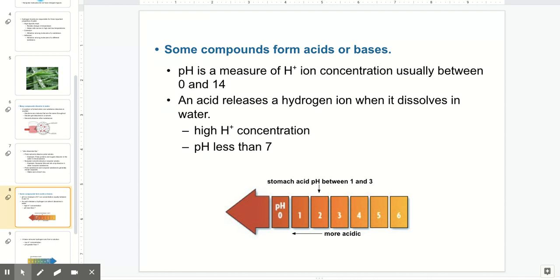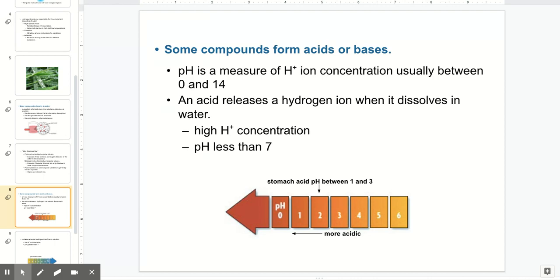The pH scale is a numerical scale that gives a relative number to the concentration of hydrogen ions. That sounds really complex, but I want you to think of concentration as amount. Something that's highly concentrated means there's a lot of it.